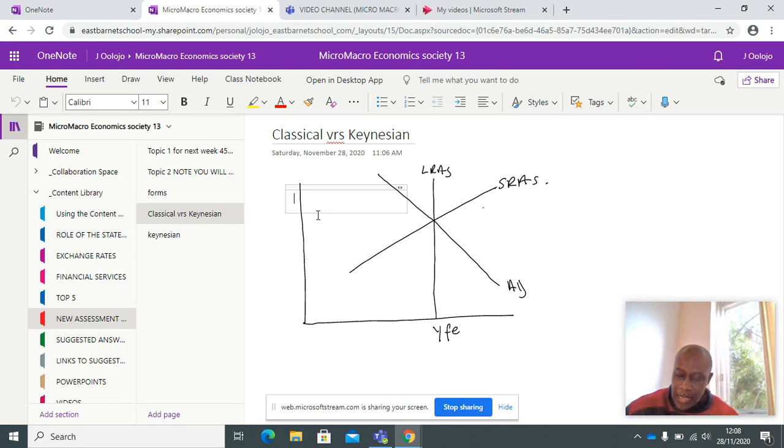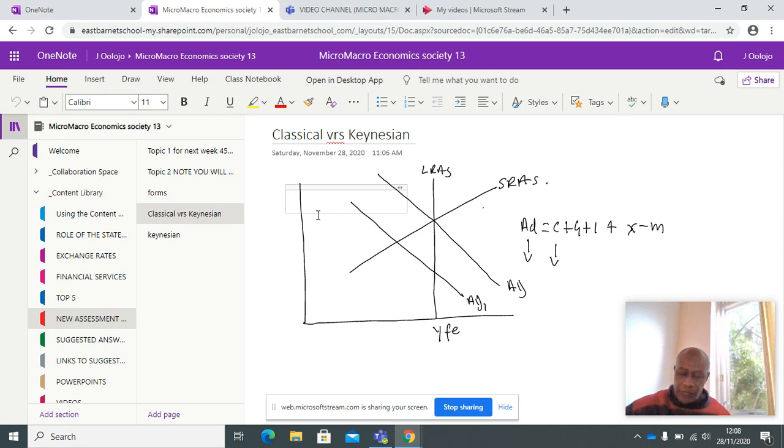Remember, AD is equal to C plus G plus I plus X minus M. So if consumption goes down, AD is likely to fall. As a result, AD shifts to the left, from AD to AD1.